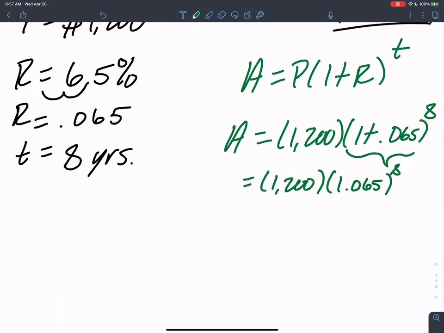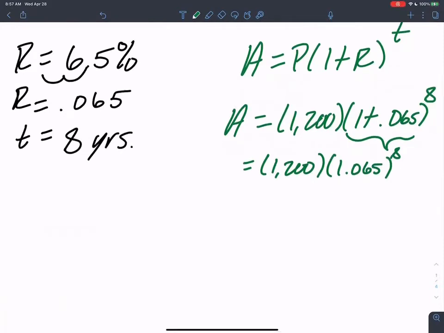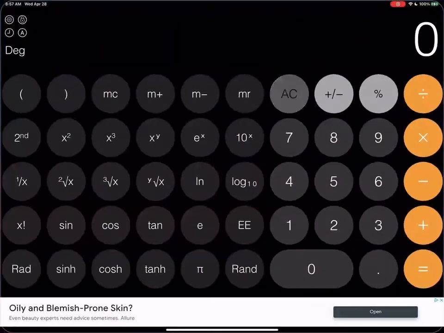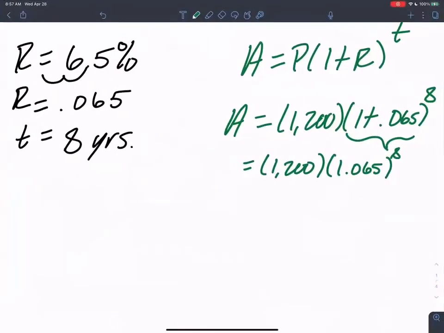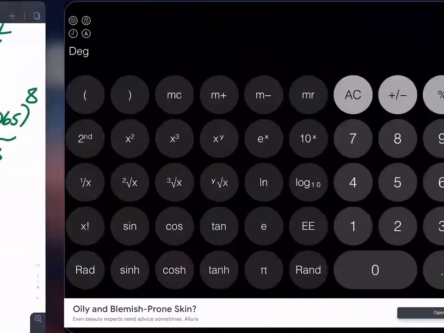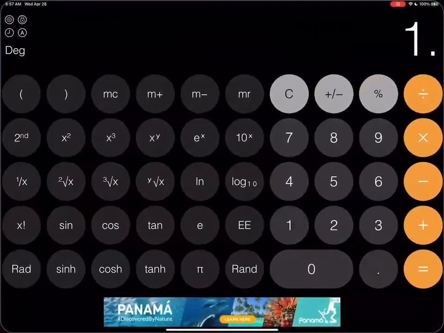All right. Now, this is where people get a little confused, is they don't know how to really enter that into a calculator. I'm going to show you, okay? So 1.065 to the 8th power. 1.065.